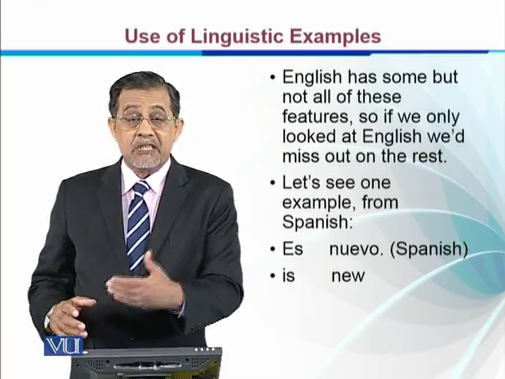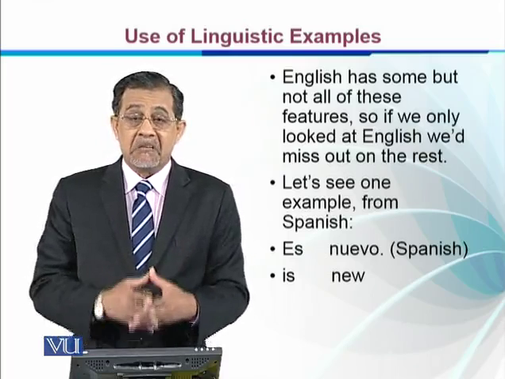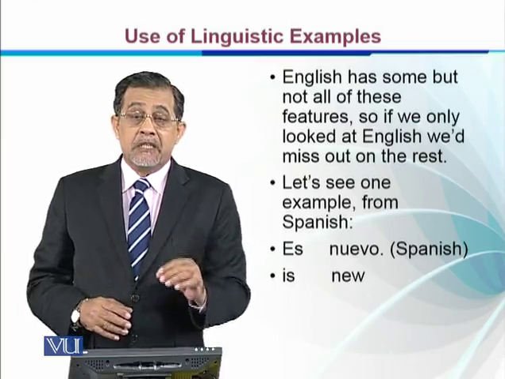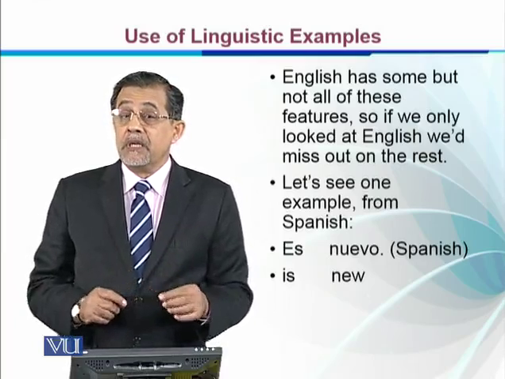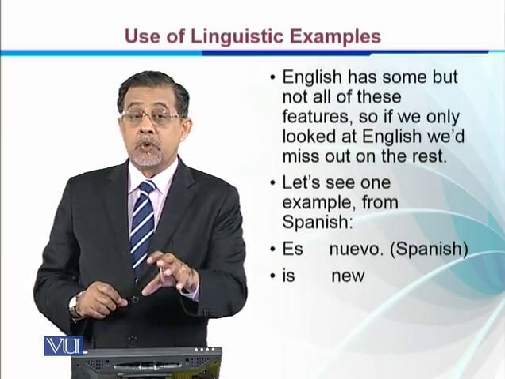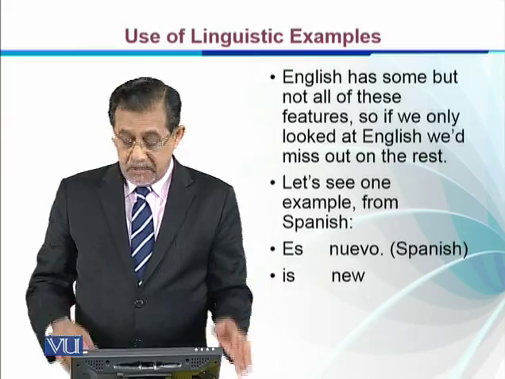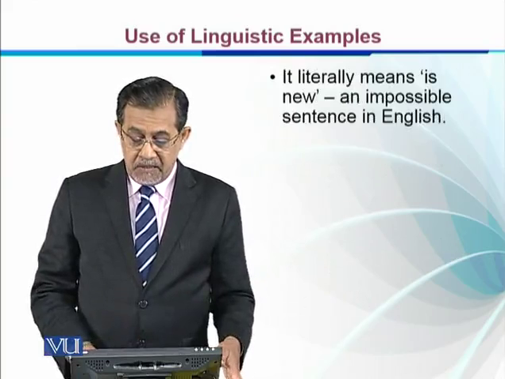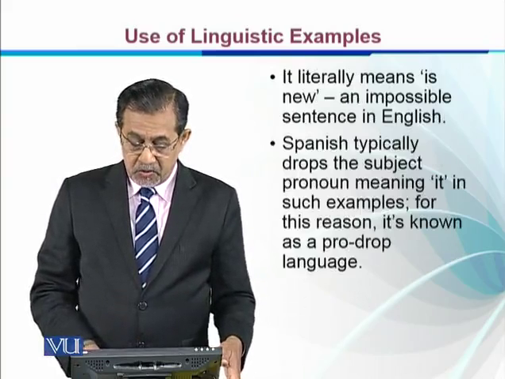We can say it is new. It's new. But in Spanish, since this pronoun is pragmatically understood, it is eliminated. So it really means is new, as I've just told you.